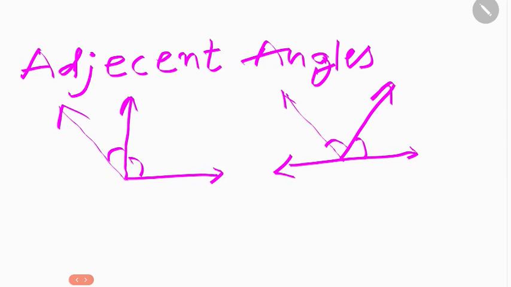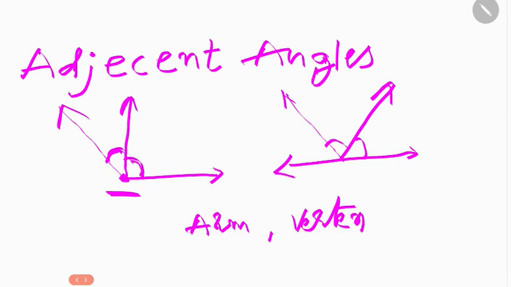Coming to adjacent angles, here you can observe when two angles have a common arm and common vertex. That means if you observe this angle and this angle, both have the common vertex and a common arm.